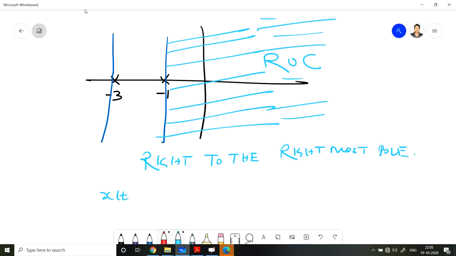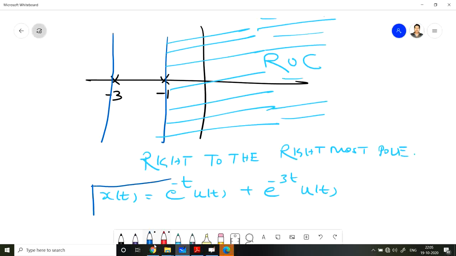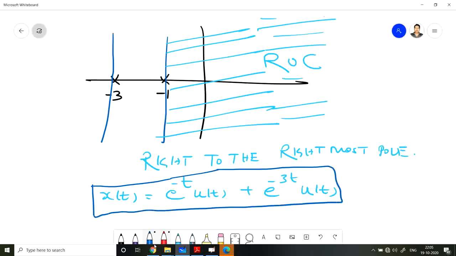So x(t) is nothing but e raised to the power minus t into u(t) plus e raised to the power minus 3t into u(t). Please check this relation. So this is our x(t).